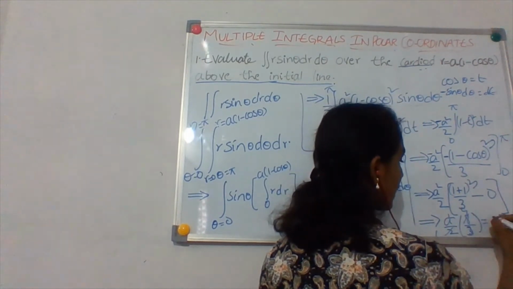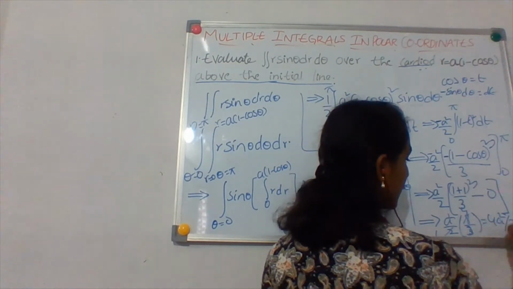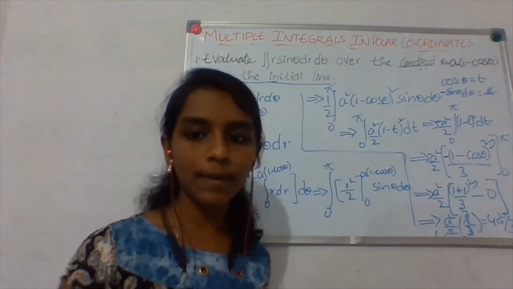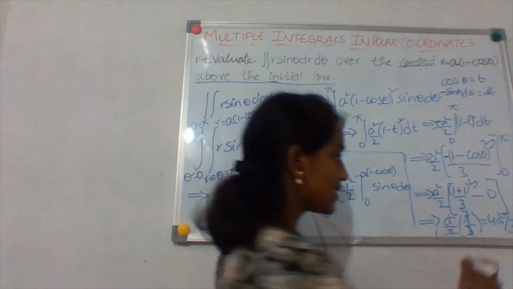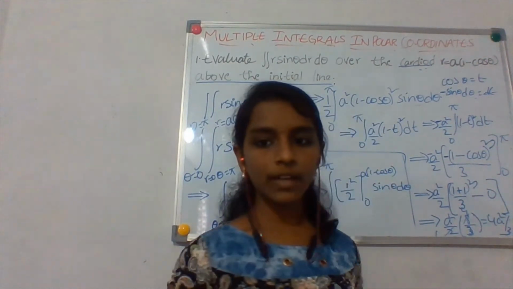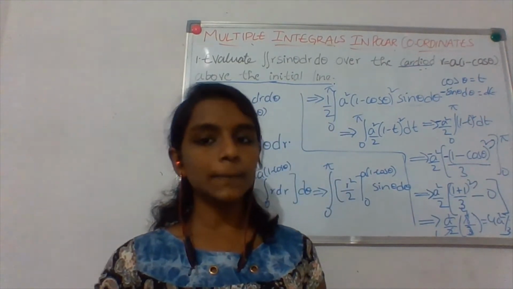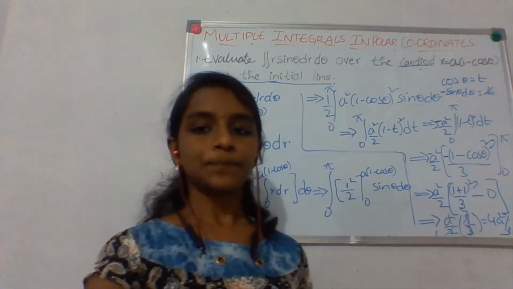So finally you get 4a square by 3. This is 3. I think you couldn't see clearly. Got it? Have you all understood the problem? Very clear? Yes.